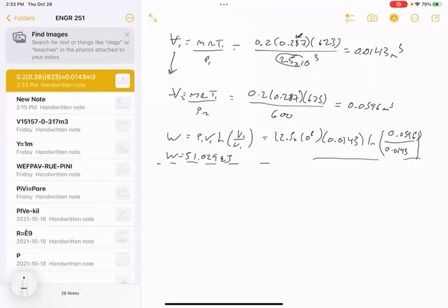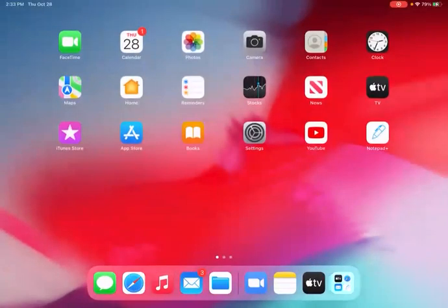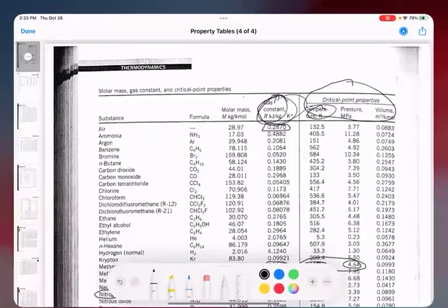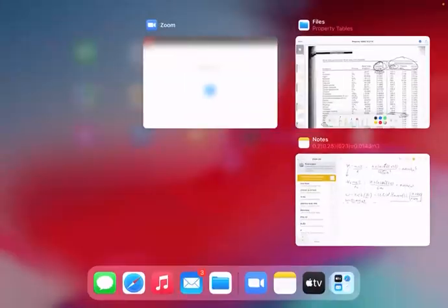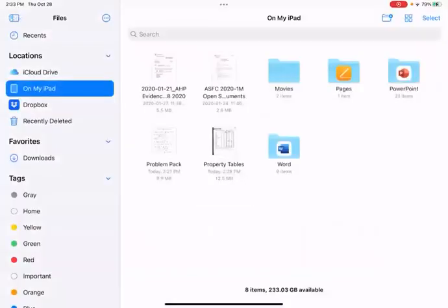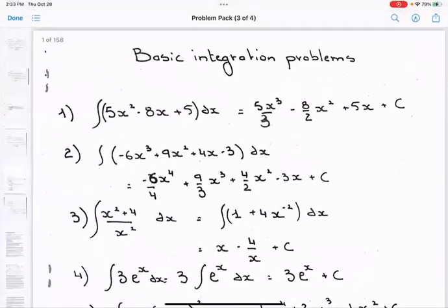Now, the next step is not, well, let's just reread what the question is, just to refresh our memory here, because this is a bit of a long question. The next step, if we go back, I have to find it here.